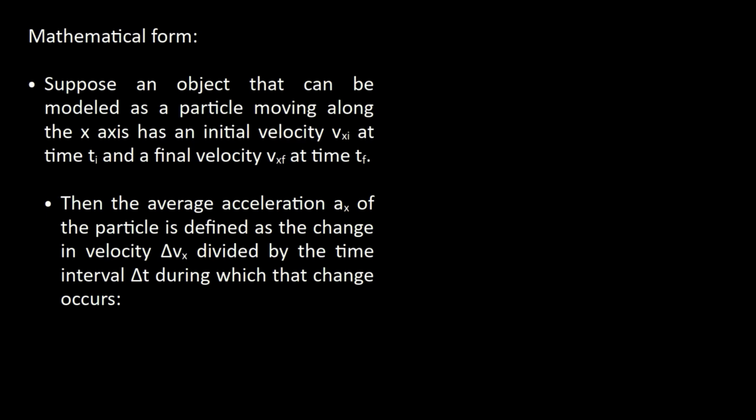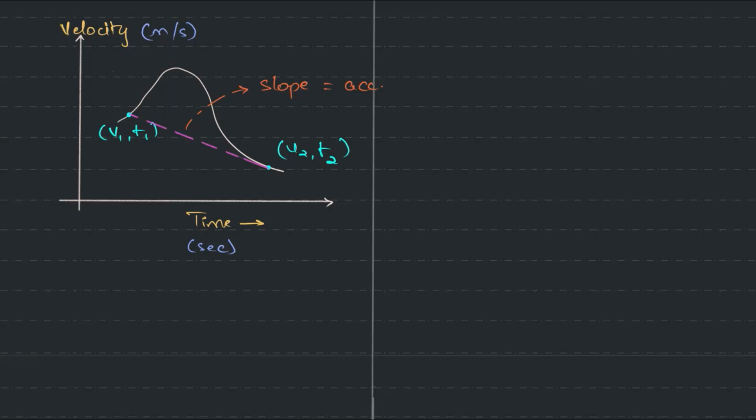Suppose an object that has been modeled as a particle moving along the x-axis has an initial velocity of vxi at time ti, and the final velocity is vxf at time tf. Then the average acceleration ax of the particle is defined as the change in velocity divided by the change in time during which the change occurs.